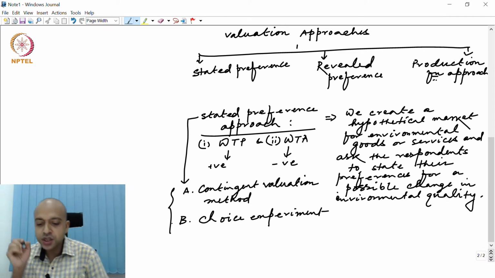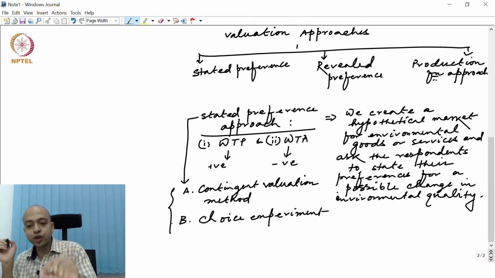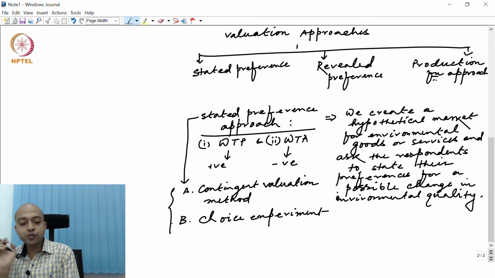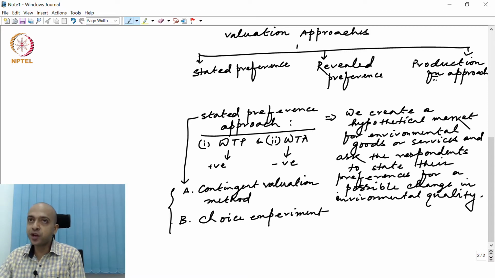So these are the methods that we apply in the category of stated preference approach. Whether we use contingent valuation method or choice experiment, our objective would be to estimate their willingness to pay or willingness to accept. Willingness to pay for a positive change in environmental quality, willingness to accept for a negative change in the environmental quality. Through these we are basically estimating their preferences.